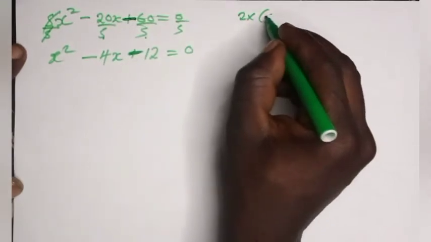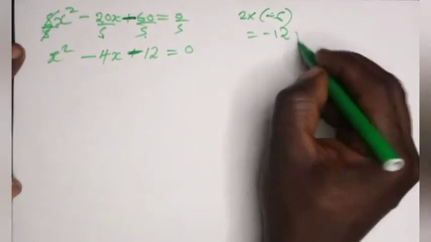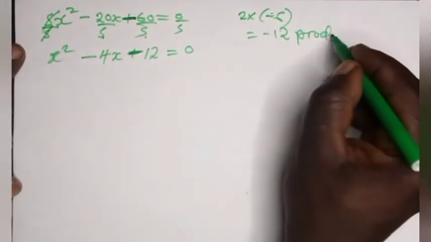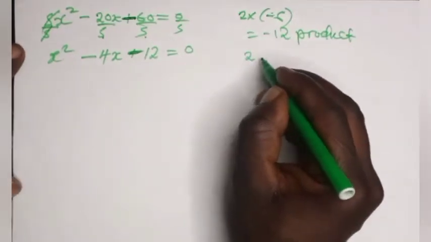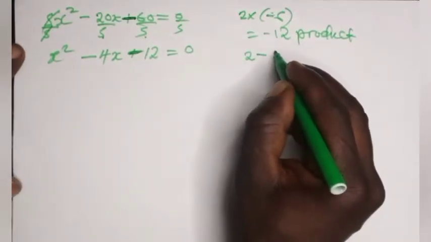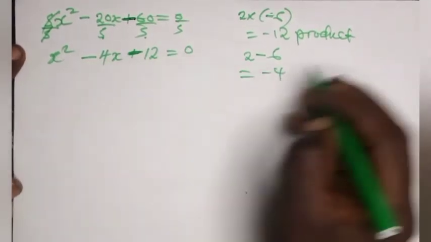So 2 times negative 6 is minus 12 as a product. Then for the sum, it is 2 minus 6, which equals minus 4.